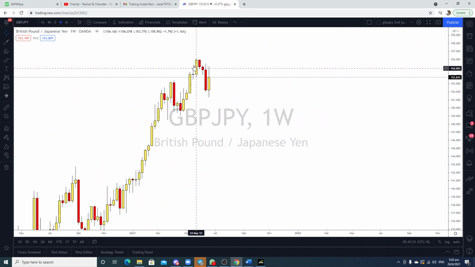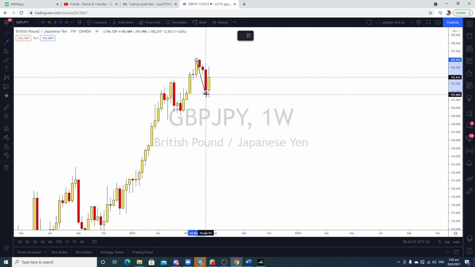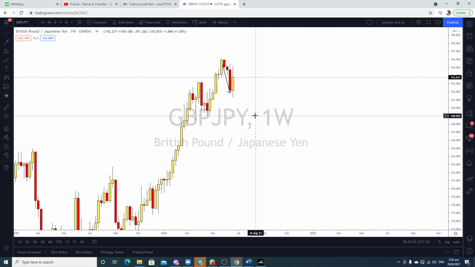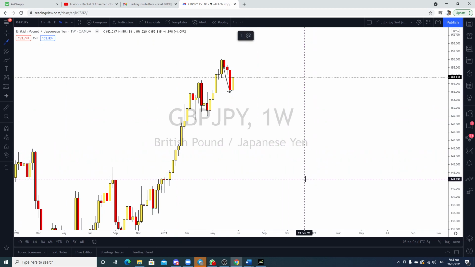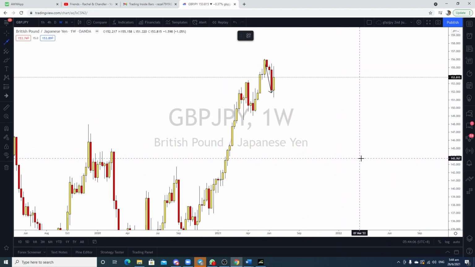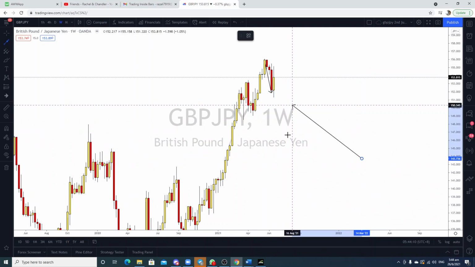We also see an inside bar breakout here, which tells me the direction that it may want to take. I expect the market to fall to anywhere below this, around these levels here.